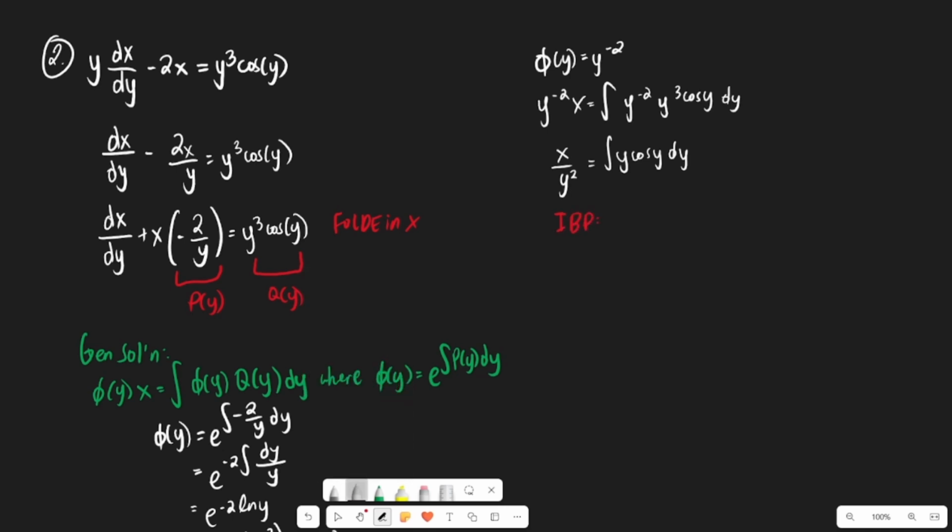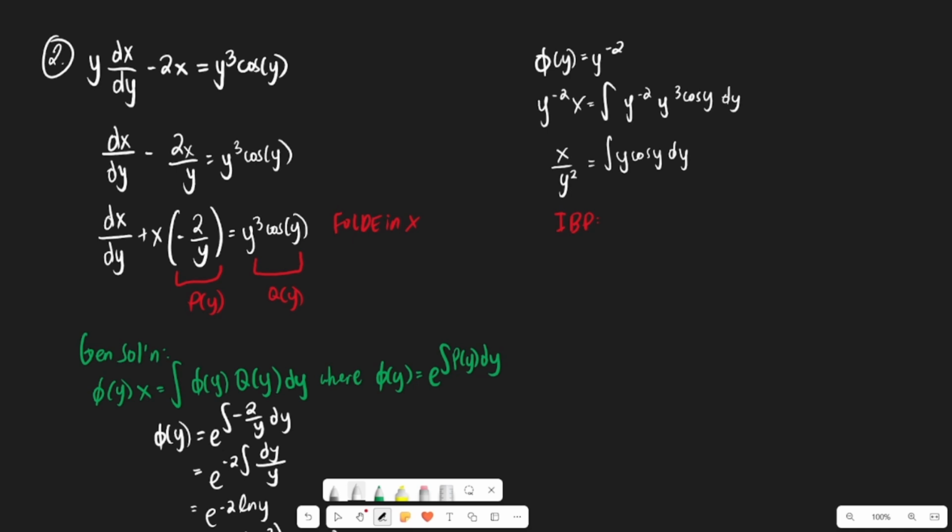The integration by parts technique is one solution for a product of two expressions, in our case y and cosine y. So we have to pick between y being our u or cosine y being our u. The u is the one that you have to differentiate, and the dv is the one that you have to integrate.